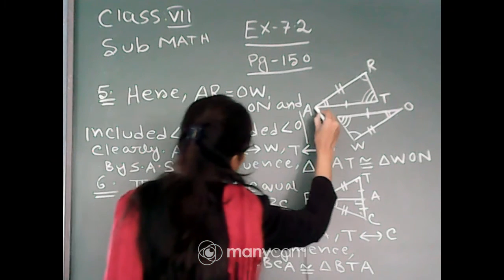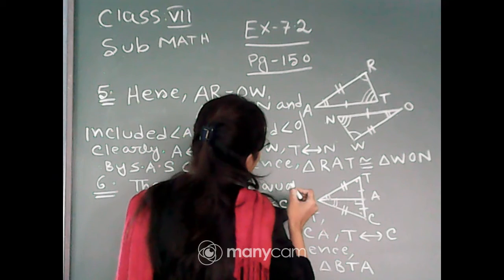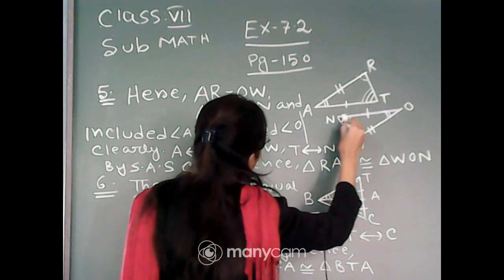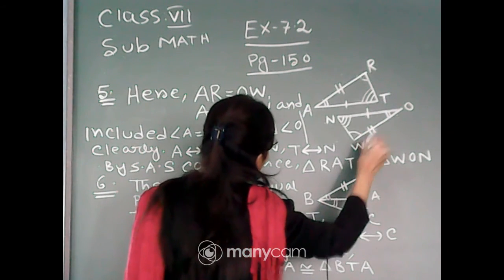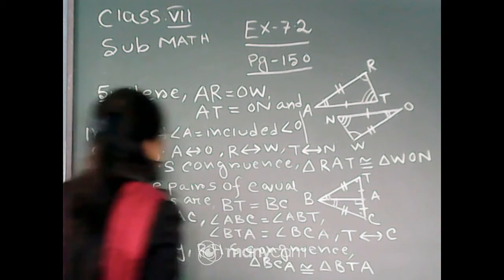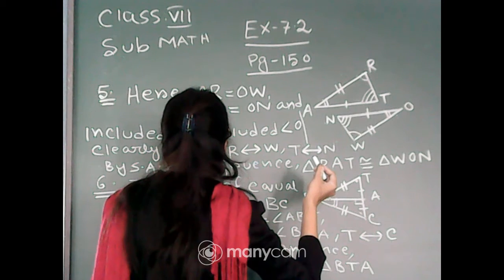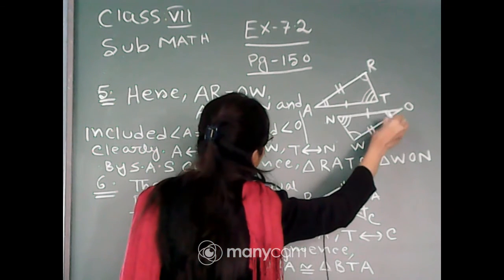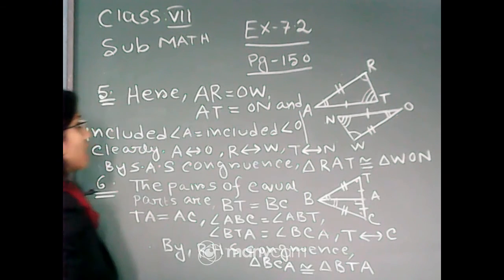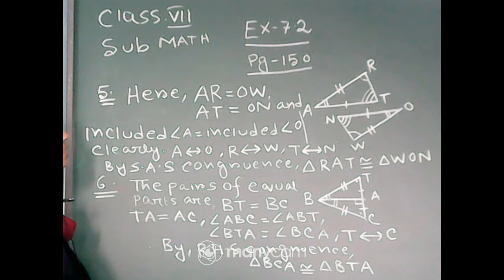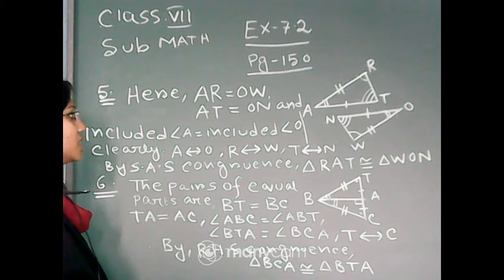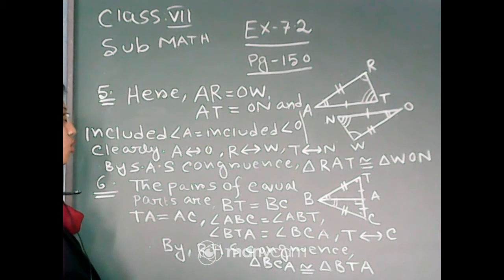Also, side AT is equal to side ON of the triangle WON, and included angle A is equal to included angle O. Angle A is included between the sides AR and AT, and angle O is included between the sides OW and ON.